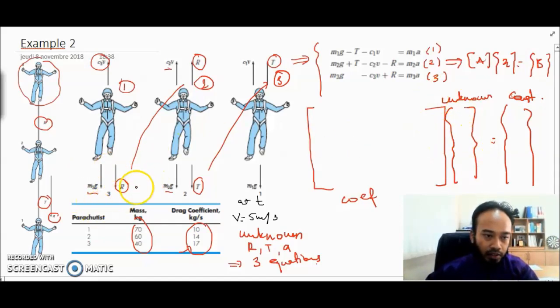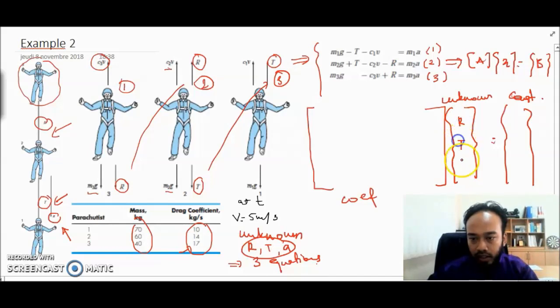What are the unknowns that we said just now? There are 3 unknowns: R, T, and A. So you could put R, T, and A here, and then we go through the equations one by one. The first equation is M1G minus T minus C1V equals M1A.